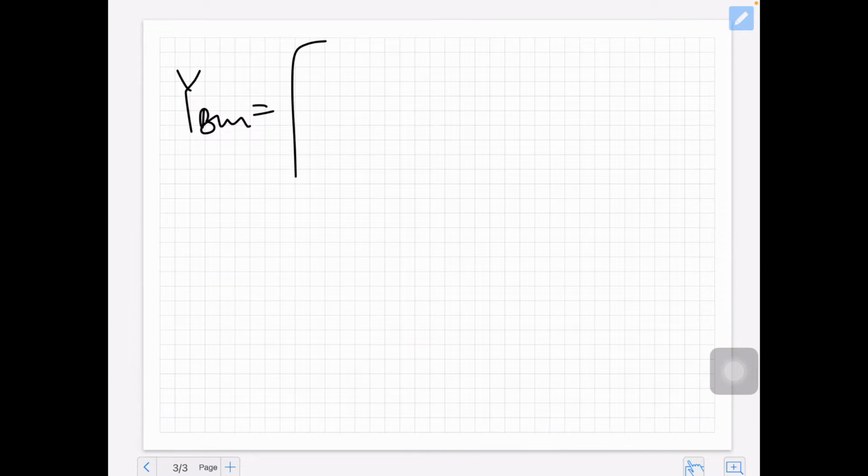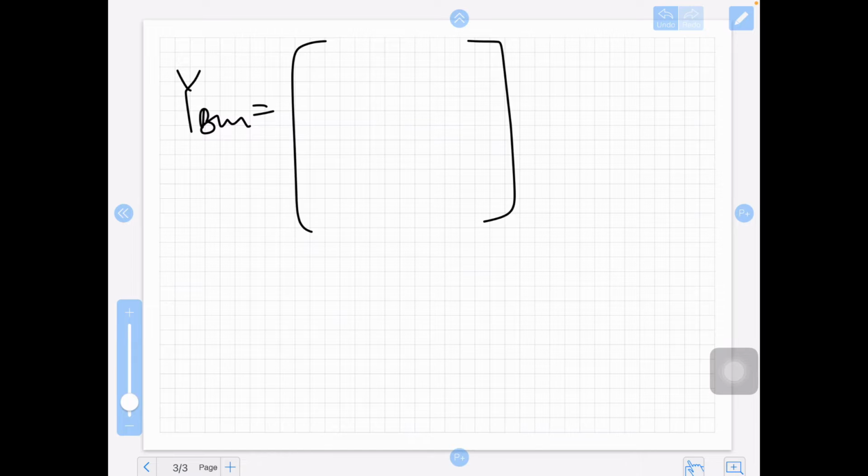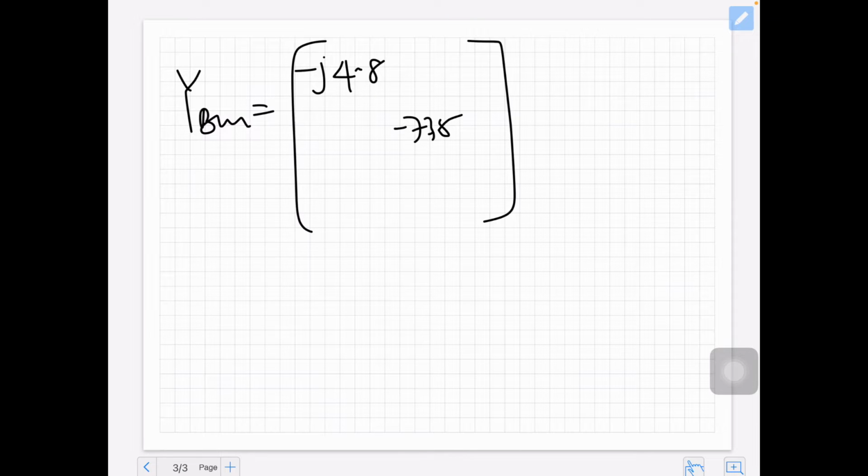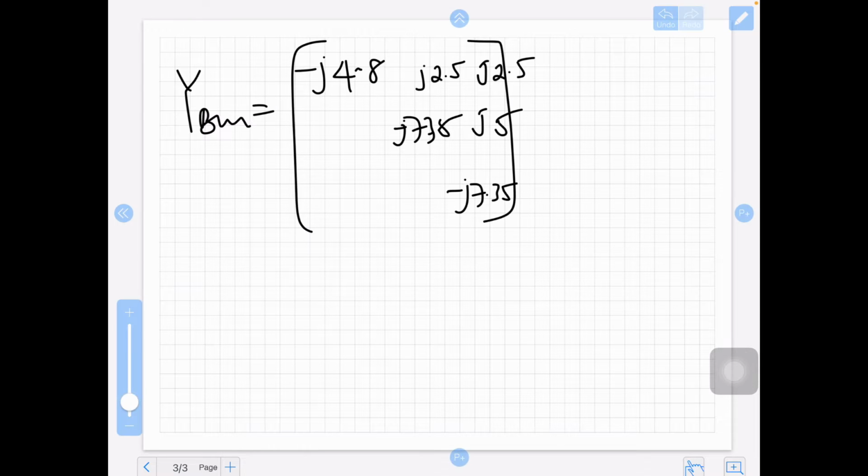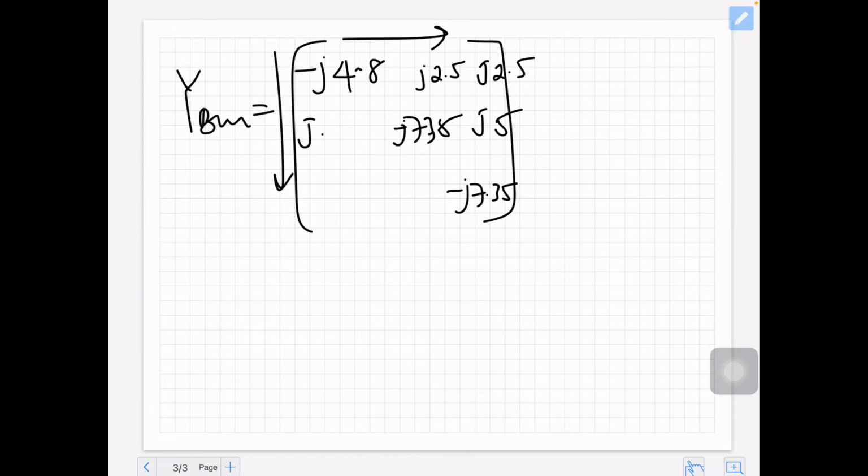So the Y bus matrix, after simplification as per the method I explained, has minus j4.8, minus j7.35, and j2.5, j2.5, j5. The first row elements are the same as the first column elements, so you can copy the other elements, and similarly the second row elements are the same as the second column elements.